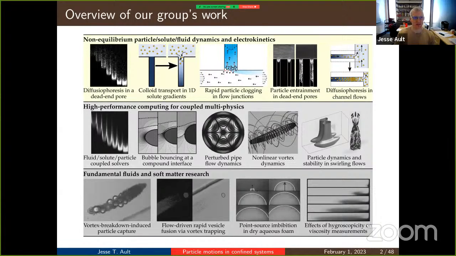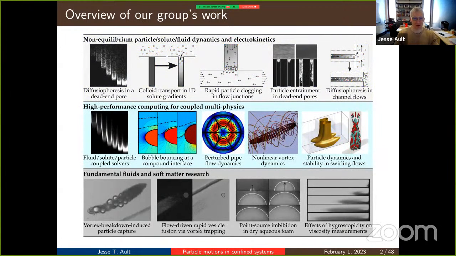One is non-equilibrium coupled transport problems involving particle, solute, and fluid dynamics, typically involving electrokinetics, where we have something like a charged colloidal suspension, and interacting with those particles, we introduce some ions into the channel, and those can drive different phoretic effects to manipulate particle motions in confined systems. This will be the second part of the talk today.